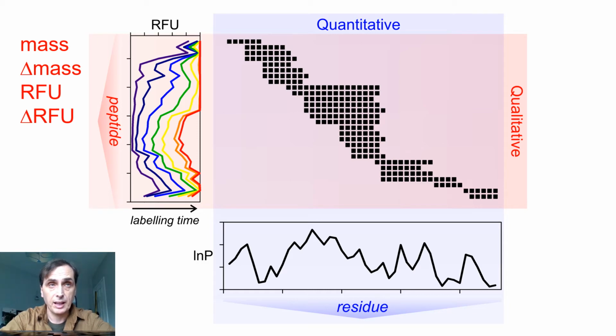We end up with outputs such as the mass or the normalized mass, which is the relative fractional uptake, which I'll go through in a later video hopefully, or the change in mass or the change in RFU, typically between two different states, an experimental state and a control state.